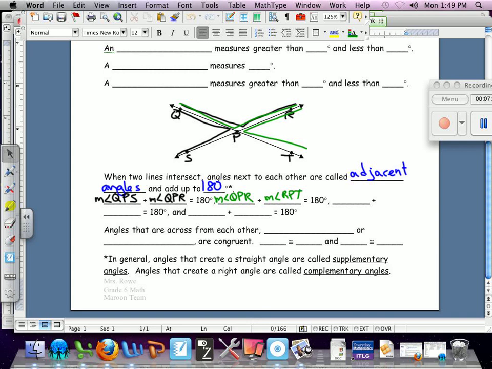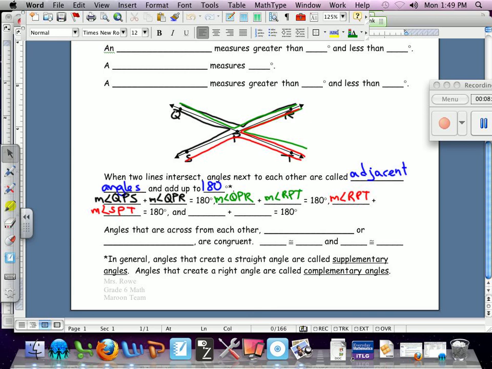But the next one I'm going to start where I just left off, the angle RPT with its neighbor, SPT or TPS. So the way we phrase it could vary a bit. The measure of angle RPT added with the measure of angle SPT. They're going to create a straight line, it would be 180 degrees.